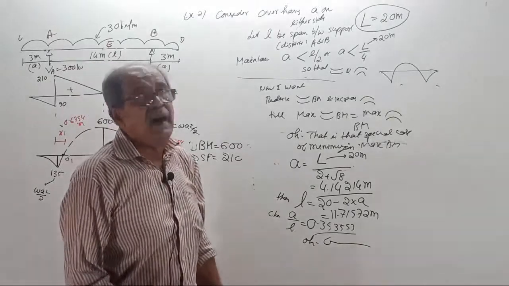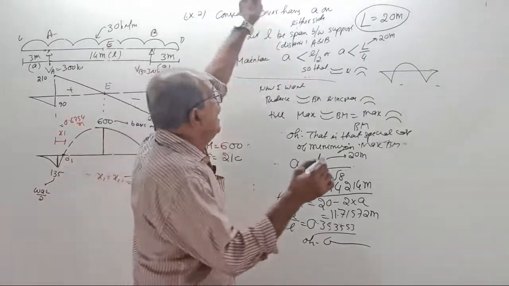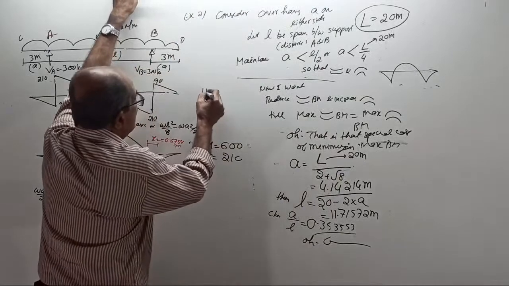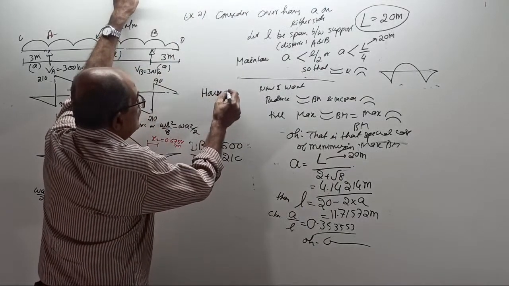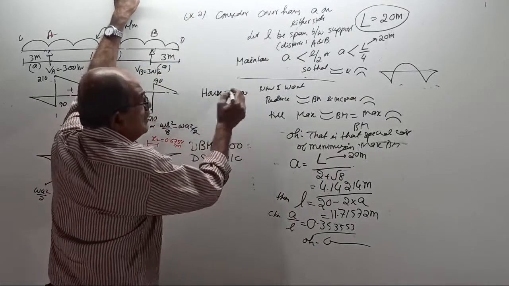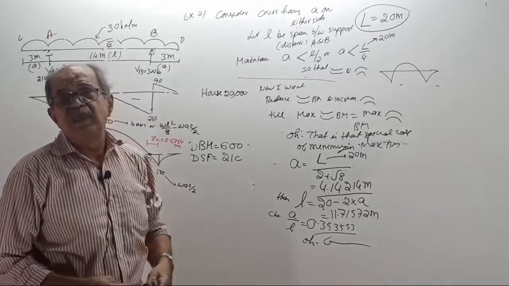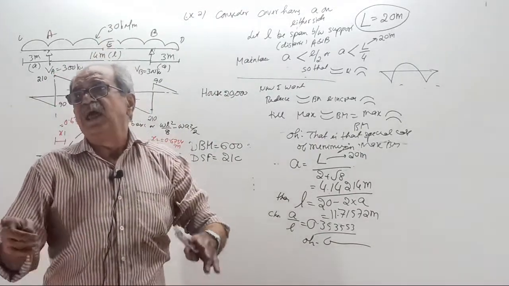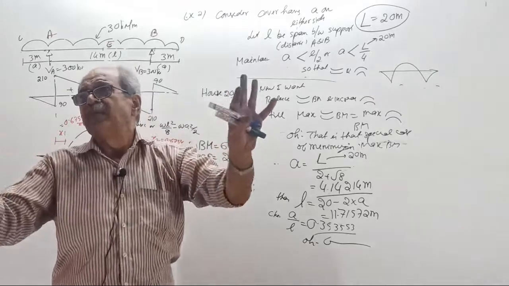See, for example, imagine house rent is 20,000 rupees. Some rich person, not very rich actually, somebody who is going for a comfortable life.